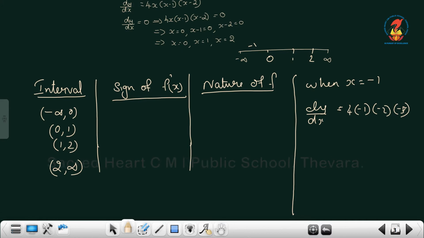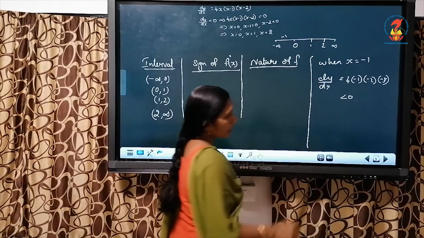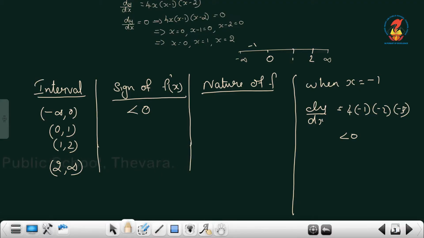So 3 negatives are there, so the answer is a negative number, less than 0. So in minus infinity to 0 the sign of dy by dx is negative. So what is the nature of f? F is strictly decreasing.